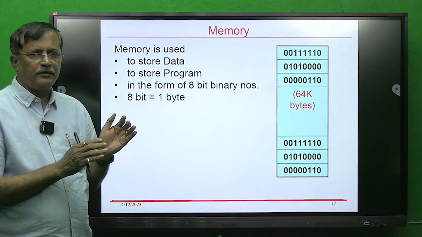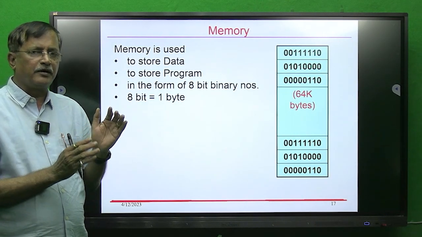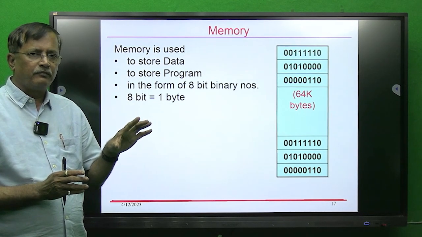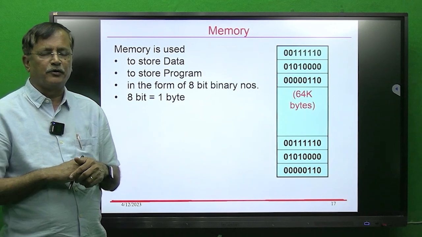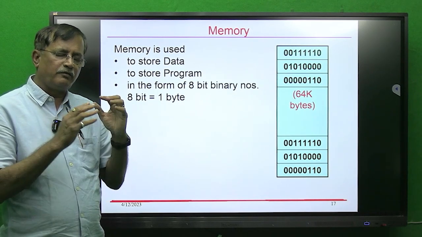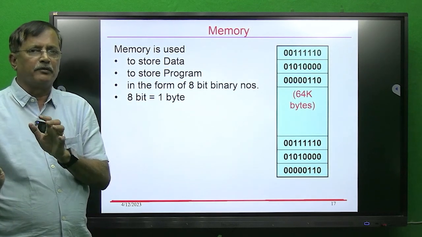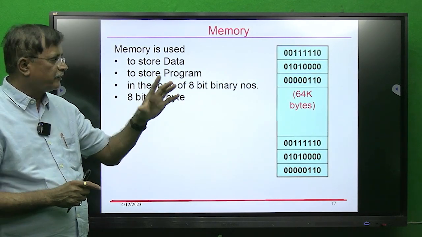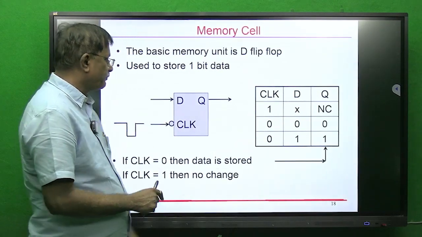One is data memory and another area is called program memory. In the data memory area, data which is coming from the keyboard or from sensors or from various input devices will be stored, and your program will be in the program memory area. So two areas will be there: one is the data memory area and another is the program memory area.